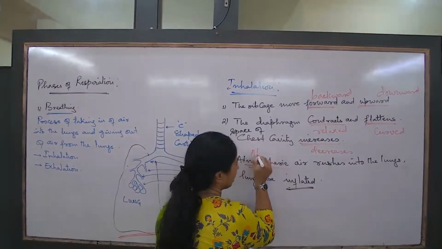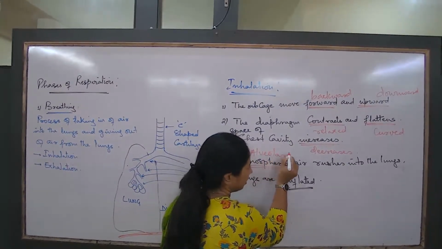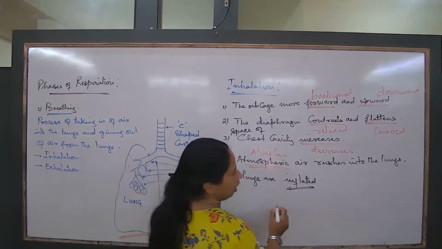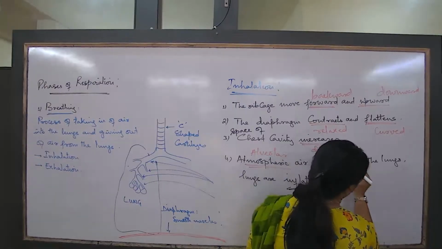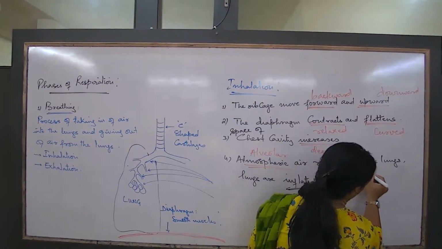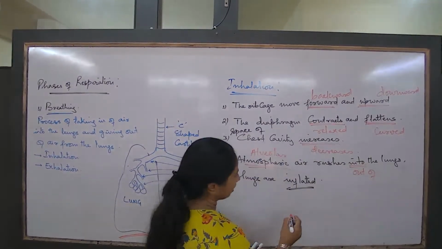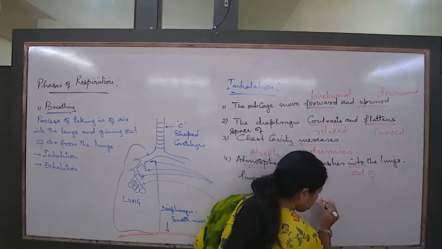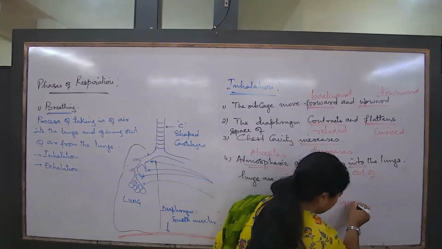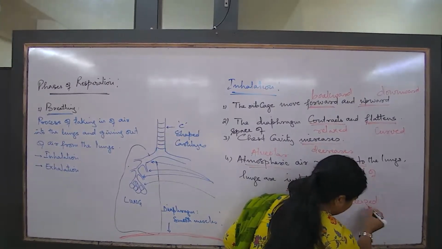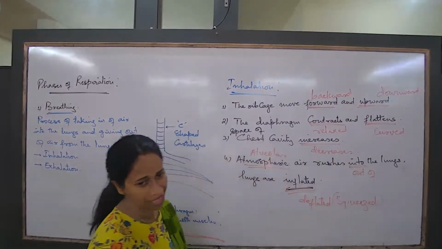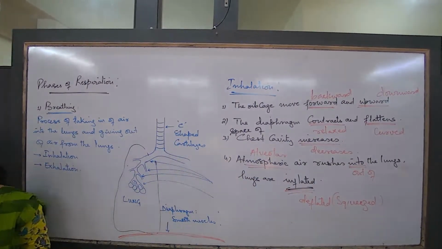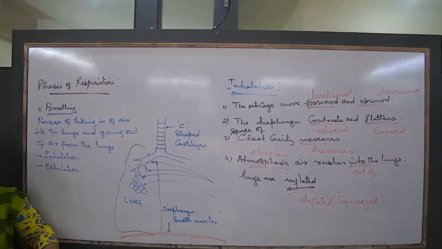Now we will write alveolar air, meaning air of the alveolus. Alveolar air rushes out of the lungs and the lungs are deflated, meaning squeezed. All the alveoli are squeezed now.